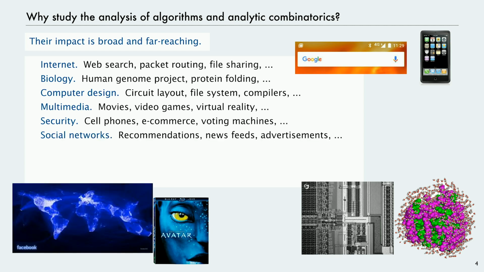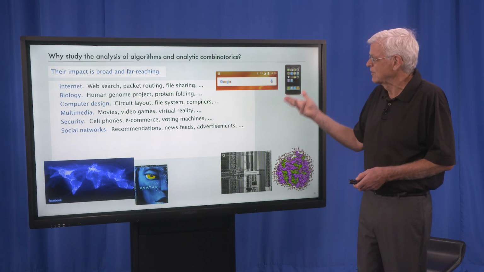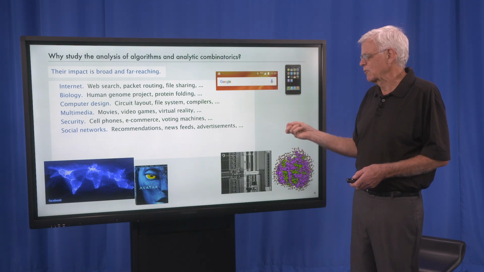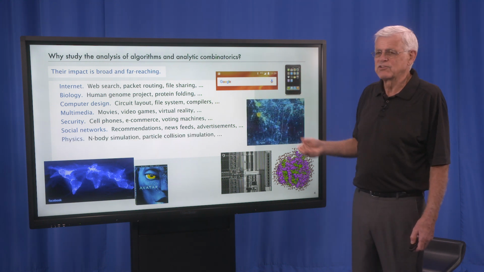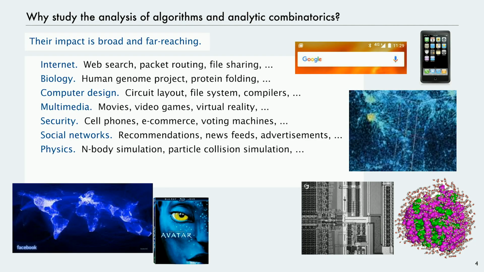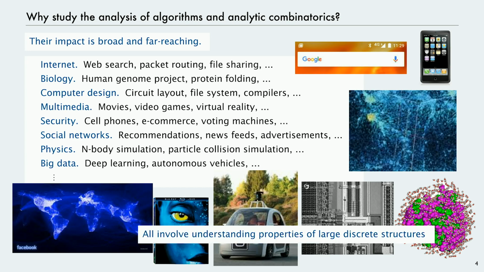Social networks and news feeds and advertisements, so many important computational artifacts depend on algorithms performing well and our understanding well how they perform. And even in science, things like n-body simulation and particle collision, and modern applications like deep learning and autonomous vehicles. All of these things require a basic understanding of algorithm performance and of large combinatorial structures.